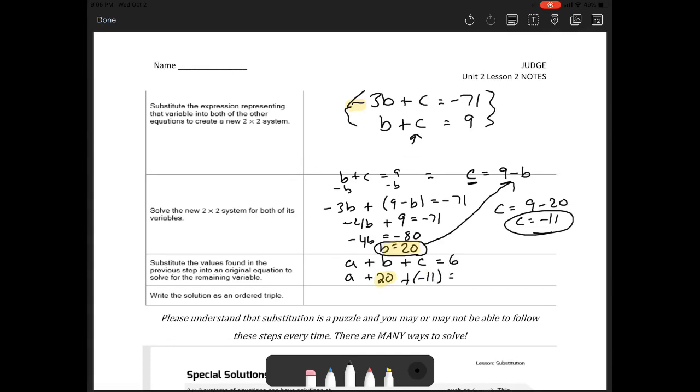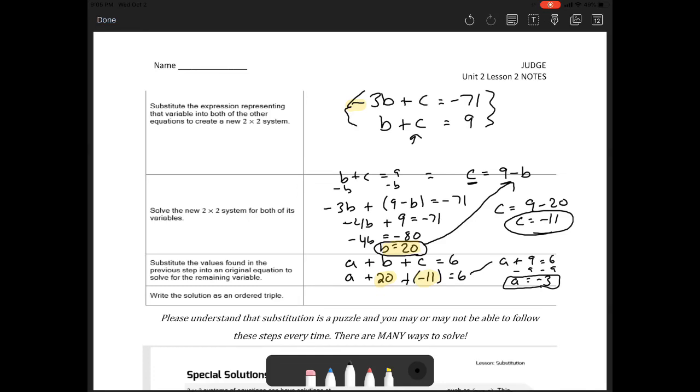And then we have plus negative 11 is going to equal 6. So 20 minus 11, because that's basically what that is right there, is going to be 9. So that means we end up with a plus 9 equals 6. When we subtract our 9 from both sides, we get a equals negative 3.